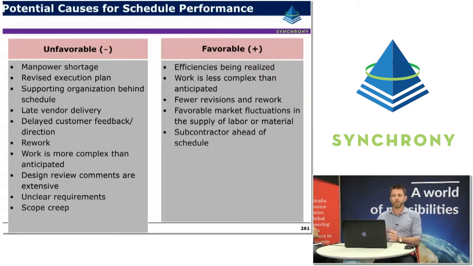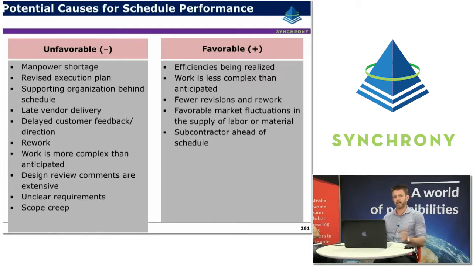So some potential causes for schedule performance, and obviously there are thousands of them, but we've listed a few typical ones here. Unfavourable schedule performance problems might be a result of manpower shortages, revisions or changes to a plan, supporting organisation behind the schedule, late vendor delivery, delayed feedback or direction from a customer, rework or work just being more complicated than anticipated, design review comments, unclear requirements, scope creep, weather.